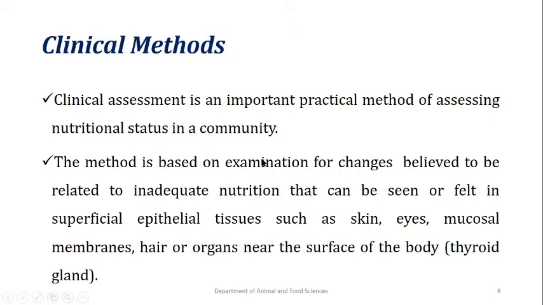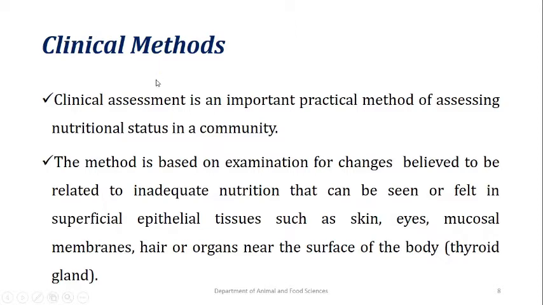The method is based on examination for changes believed to be related to inadequate nutrition that can be seen or felt in superficial epithelial tissues such as skin, eyes, mucosal membranes, hair, or organs near the surface of the body or thyroid gland. Okay, in clinical methods, we observe the individuals carefully. We do not take body fluids, urine, or blood.